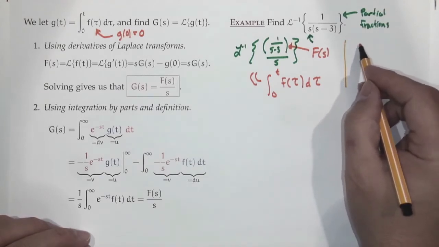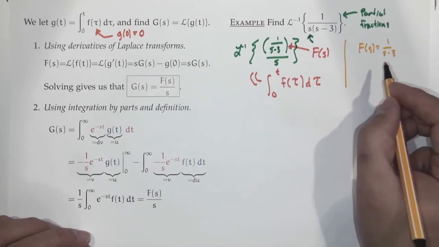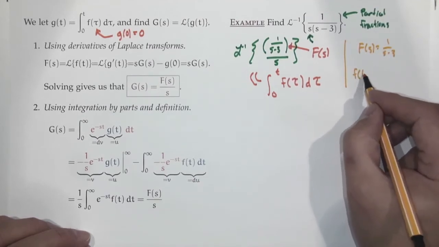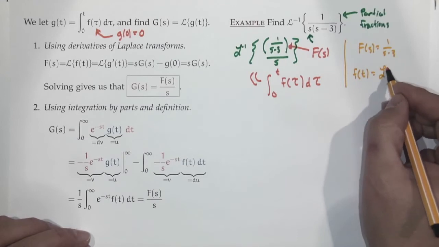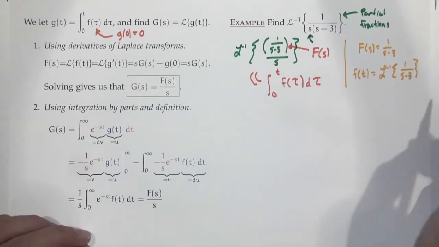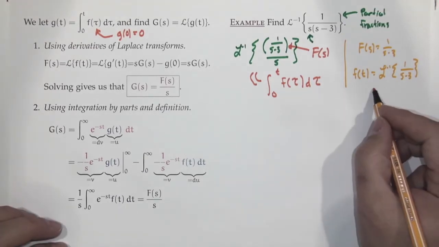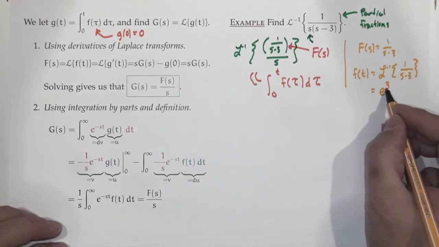So we have, if capital F of s is 1 over s minus 3, then in general, f at t, that's the inverse Laplace transform of 1 over s minus 3. And what would that be? e to the 3t.